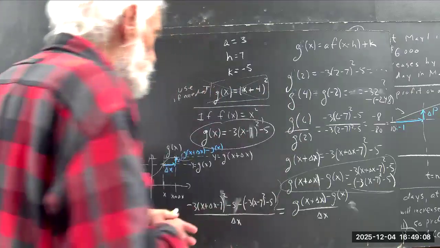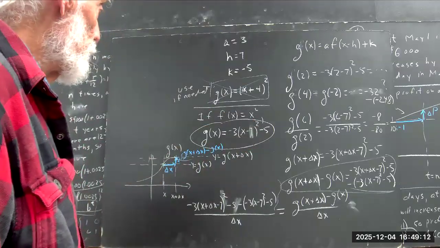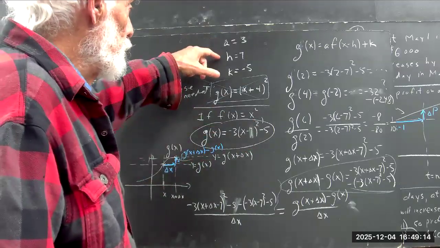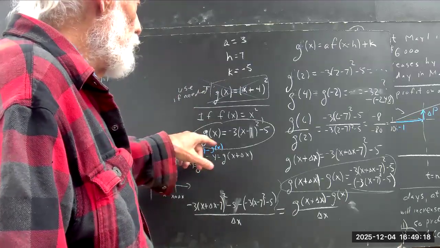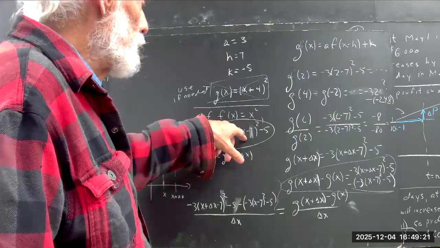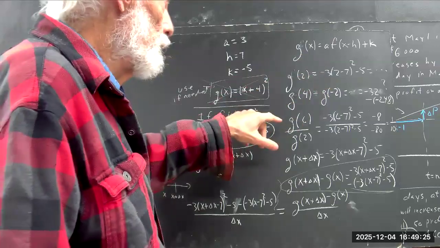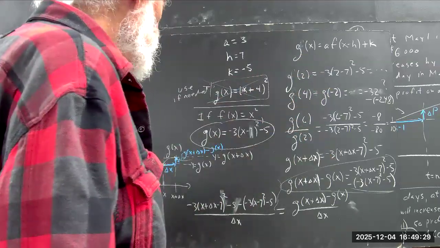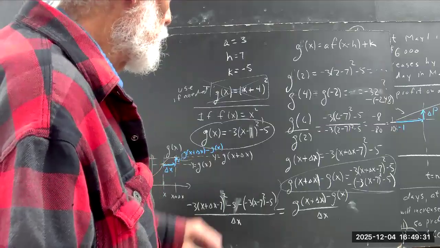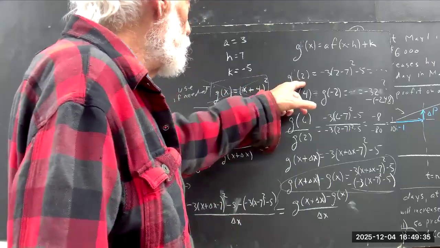And I said, okay, we're going to just suppose f of x is the toolkit squaring function. Then if a is -3, h is 7, k is -5, g of x would be -3 times quantity x minus 7 squared minus 5. And that's a function that we went ahead and worked with. Okay, so what's g of 2?